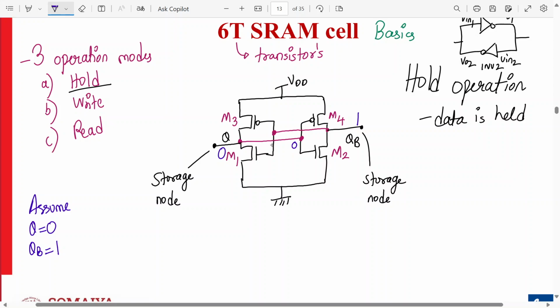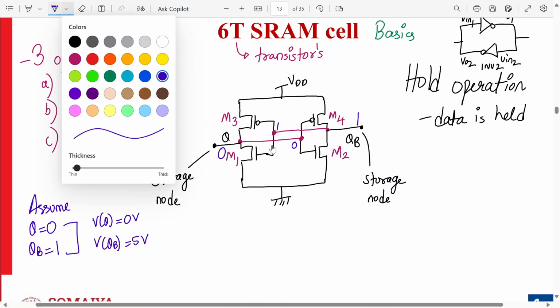If this is 1, this is input to the first inverter, so the output will be 0. Is this correct or no? Yes or no? So these storage nodes will continue to hold the same data. So voltage at node Q will be 0 volts and voltage at node QB will be 5 volts. Let's say VDD is 5 volts for example's sake. Yes or no?